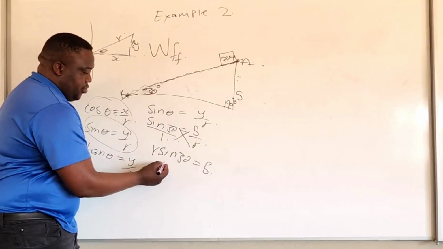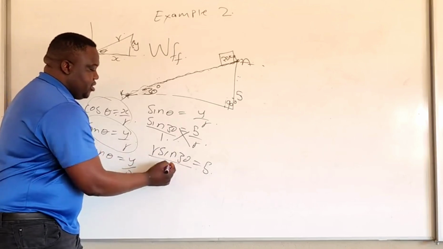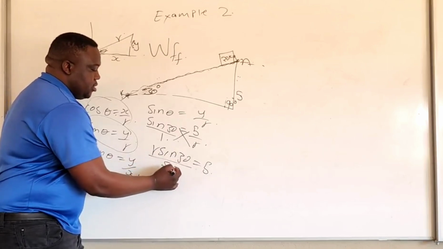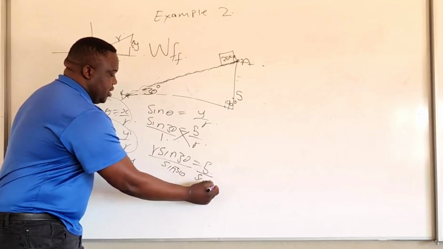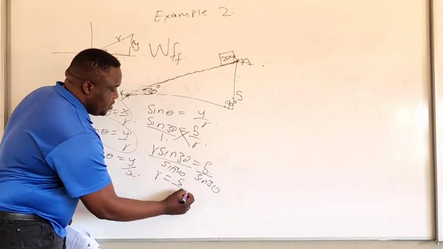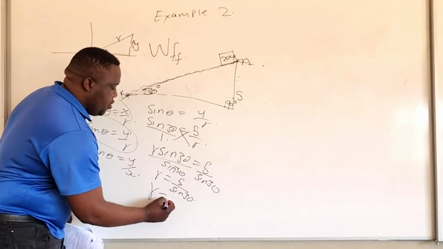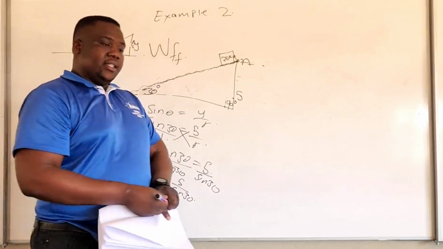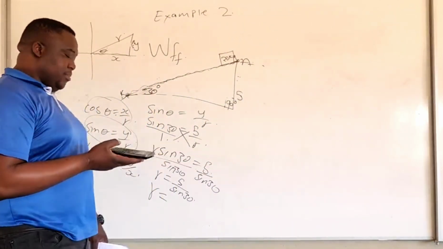Then what do we do if we want to solve for r? We just cross multiply. If we want to solve for r, we divide by sine 30, meaning that r is equal to 5 divided by sine 30. Then r will be equal to what? That is mathematics. We use trigonometry.